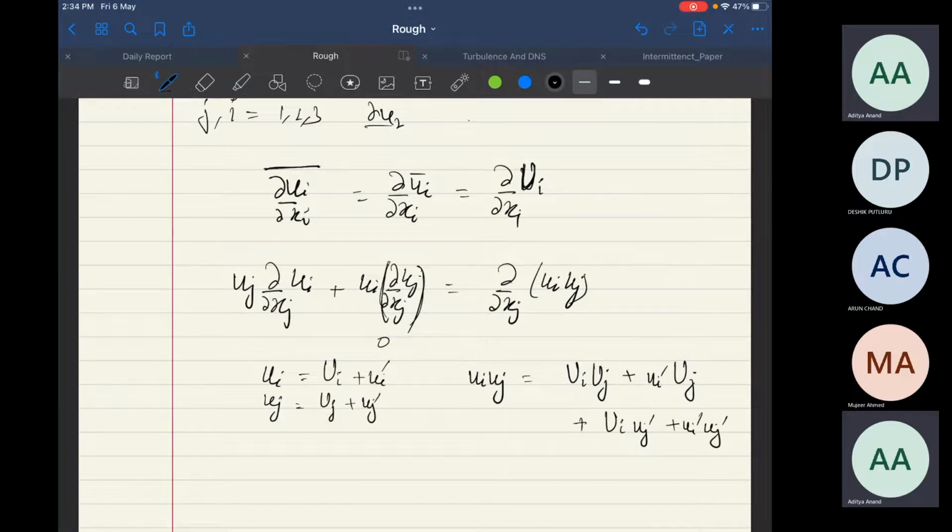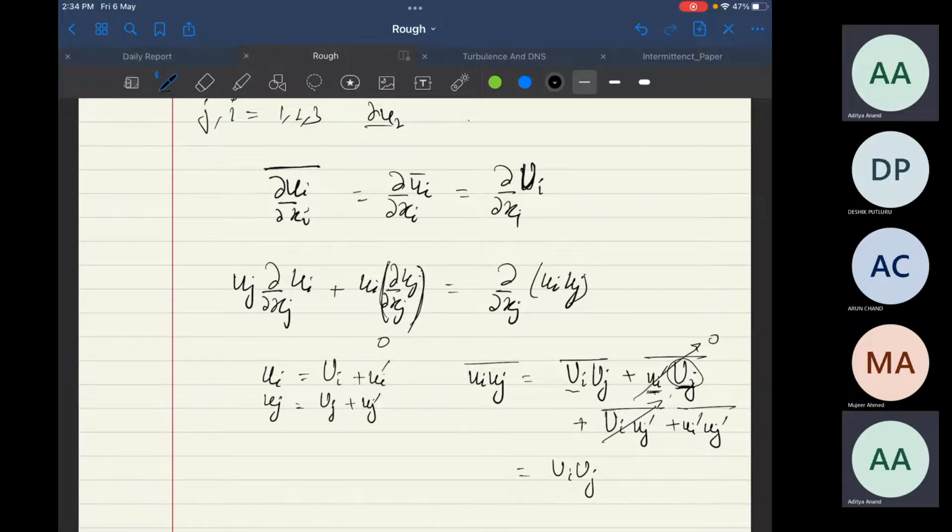and if you take a time average of this, the averaging process will be applied on all the terms on the right hand side. Now these velocities are averaged to begin with, so this will be simply Ui Uj. On the right hand side, this term will come out, and then you have an averaging operation on the fluctuating part, and the average of the fluctuating part would be 0, so this term will go to 0.